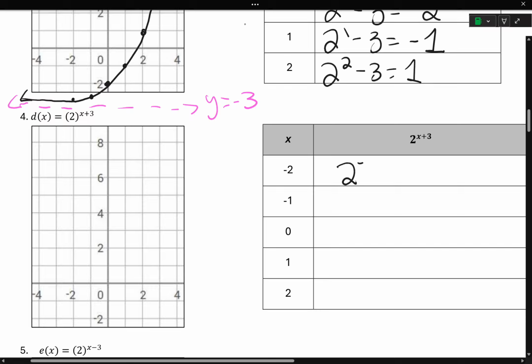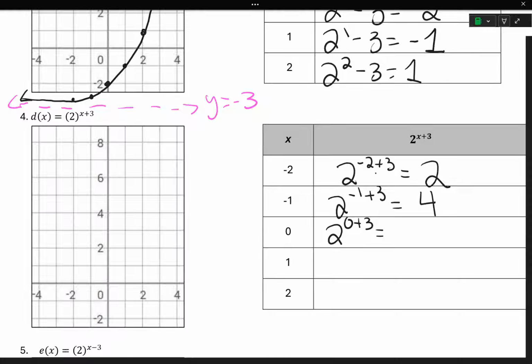We have 2 to the -2 plus 3, so that's 2. 2 to the -1 plus 3, 4. 2 to the 0 plus 3, 8. 2 to the 1 plus 3, oops, 16. 2 to the 2 plus 3, 32.